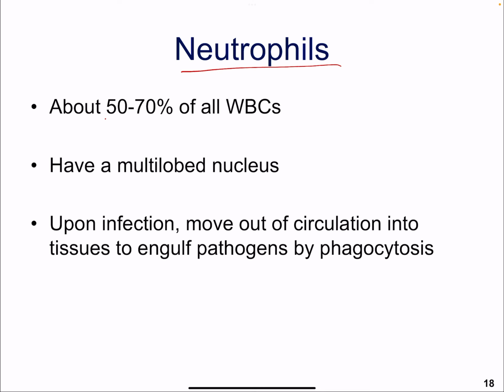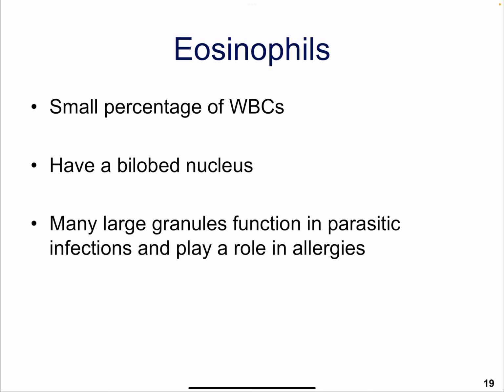They represent about 50 to 70% of all the white blood cells. Their nucleus is particularly shaped because it has multiple lobes, right? They are essential for phagocytosis, okay? Engulf and destroy pathogens.